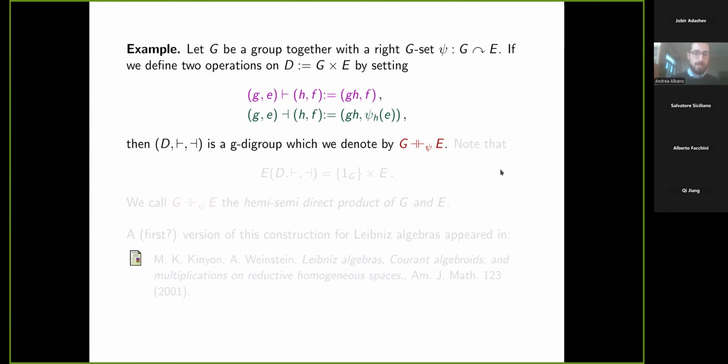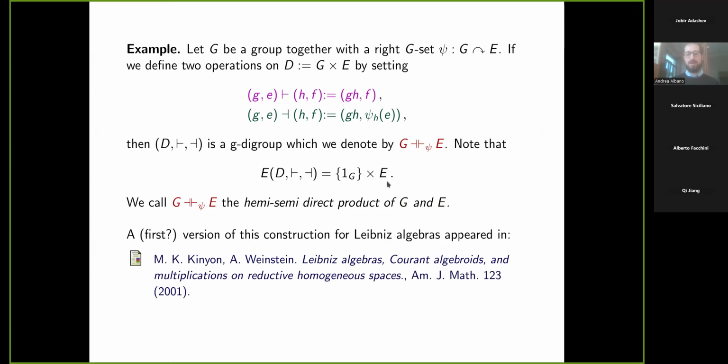This is an interesting class of digroups, since it is quite easy to understand what the idempotents of this structure are. In particular, this digroup will take the name of a hemi-semidirect product of the group G on the non-empty set E. The name, if I'm not wrong, should come from a first version constructed for Leibniz algebras that appeared in a paper from Kinyon and Weinstein.